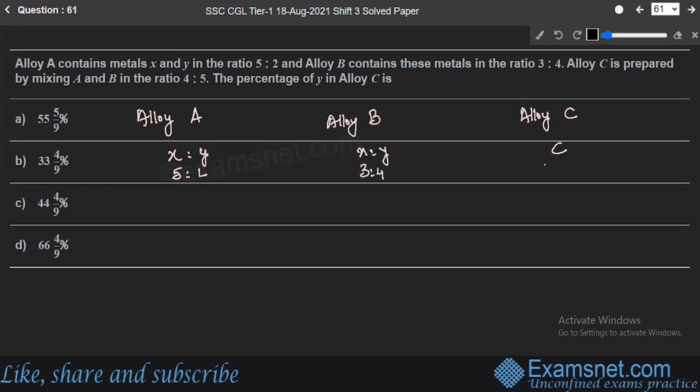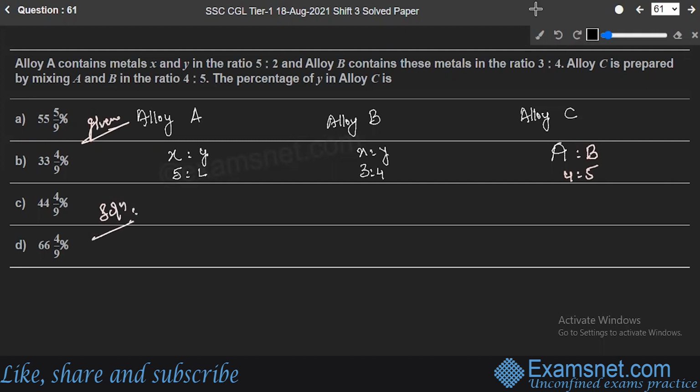And in C, the ratio of alloys A and B is 4 is to 5. Done. Now, these are the things which are given. Let's go with the solution.